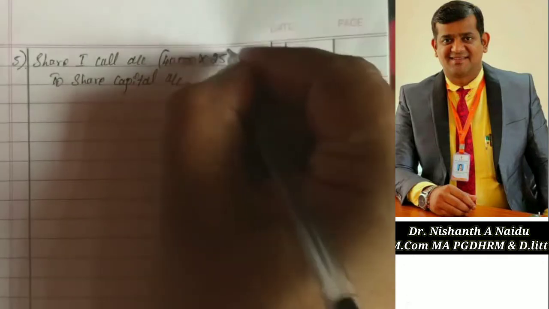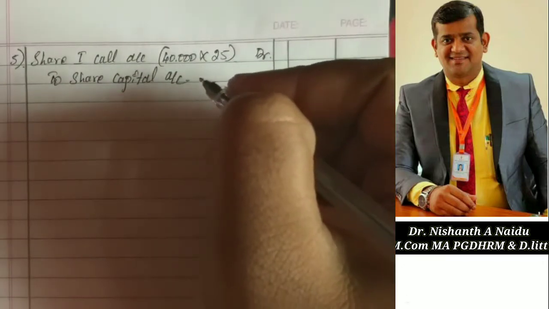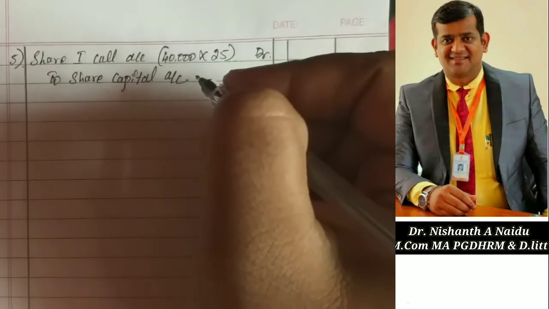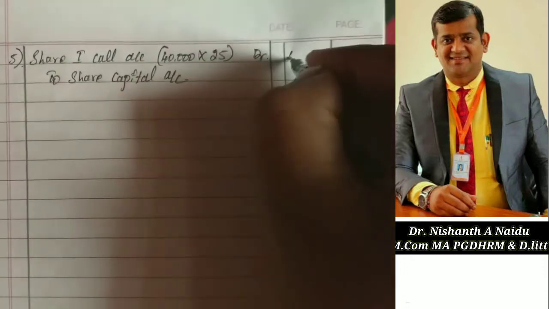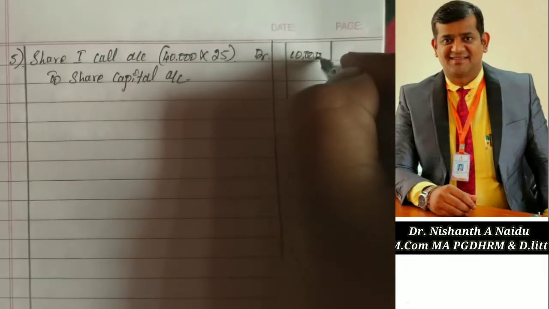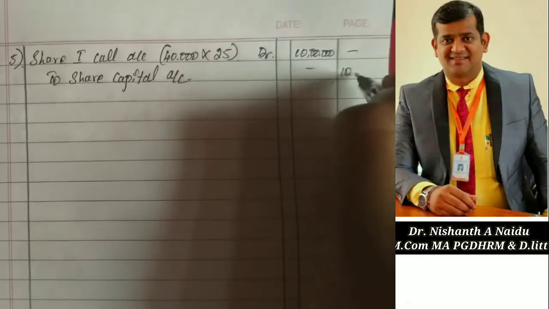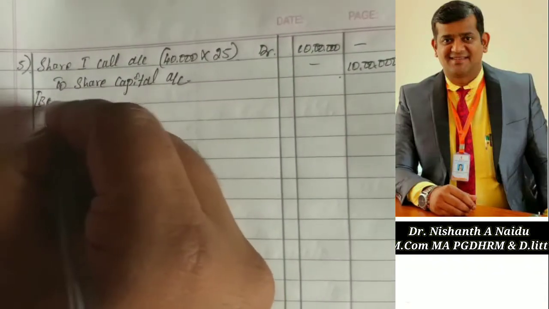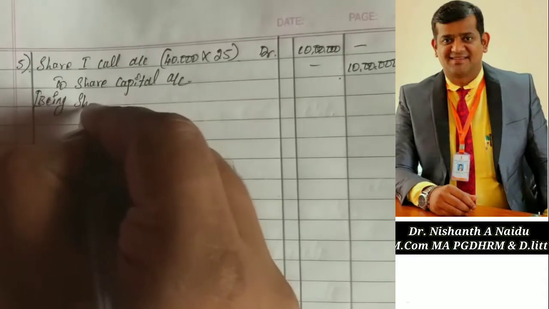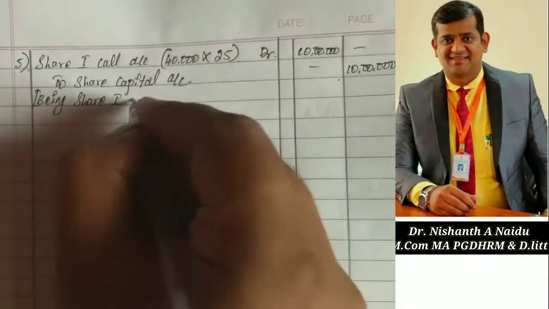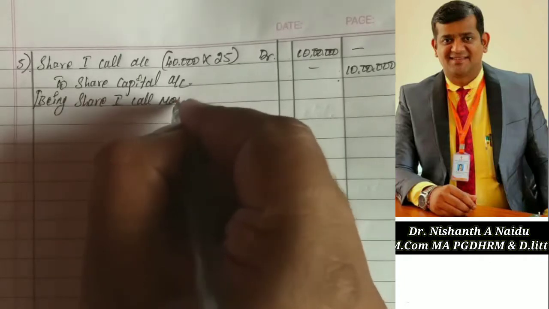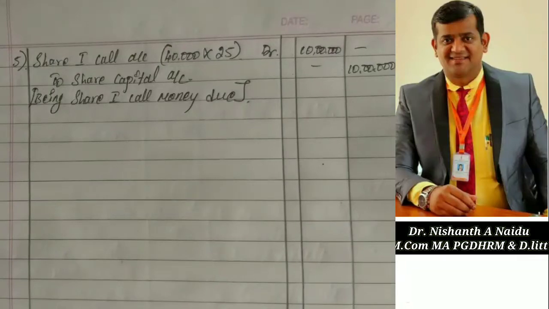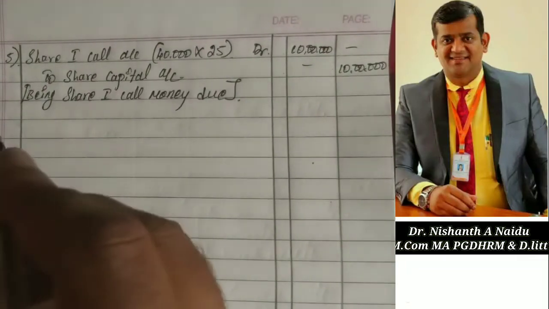So calculate 40,000 into 25. So that is 10 lakh rupees. 10 lakh, being share first call money due.